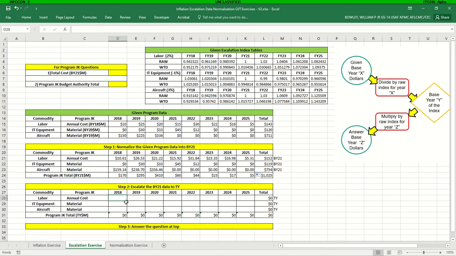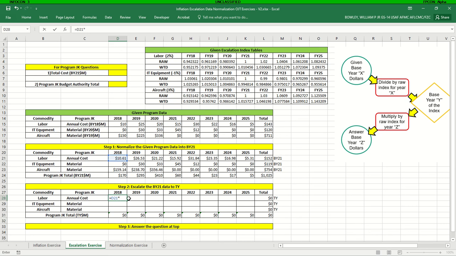So next step here, we're going to now take those base year $21 and escalate them to then year dollars. So if we take our base year from step 1, we're going to go from the base year of our index into then years, so we're multiplying by our weighted index.